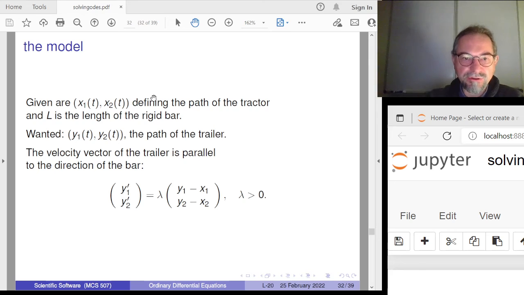Here, the direction is following the bar, and the bar is defined by the location of the tractor, which is given by x1, x2, and the trailer has coordinates y1, y2. Parallel means that it's a multiple. So the velocity is a multiple of these coordinates.